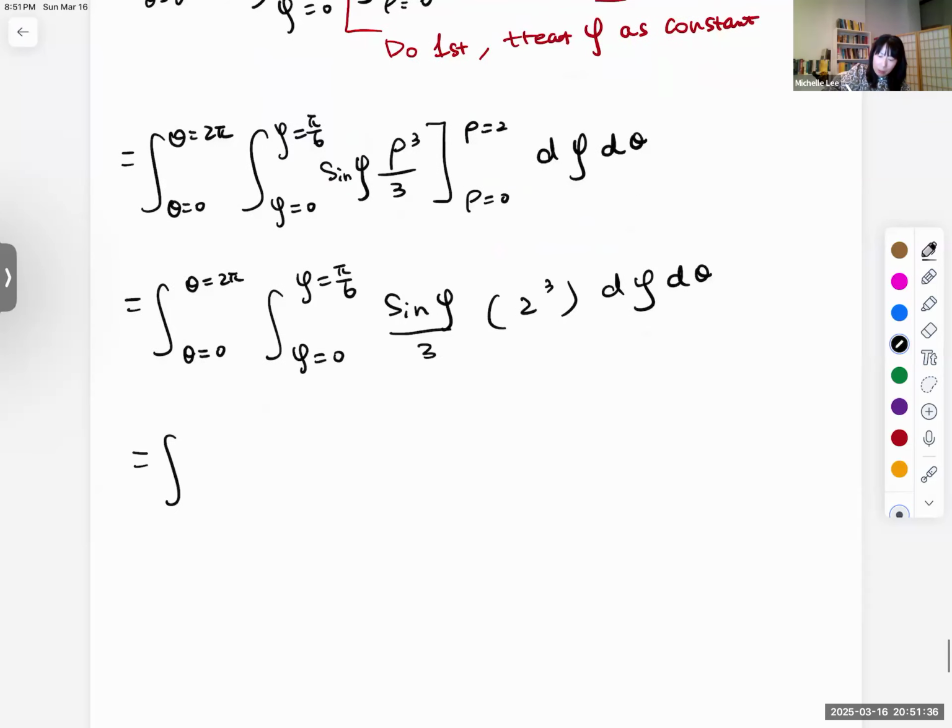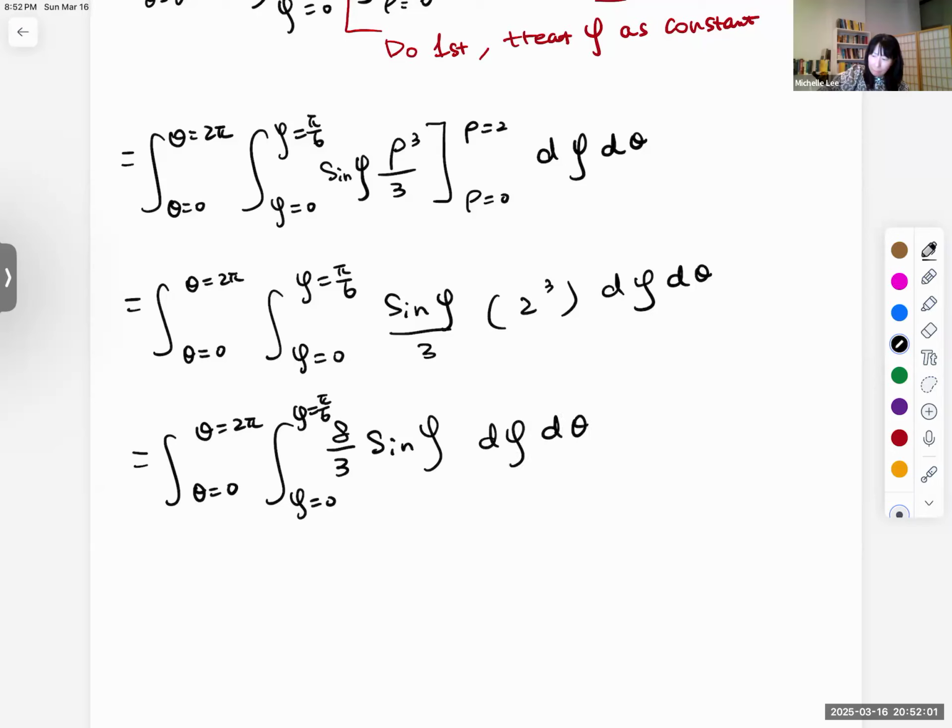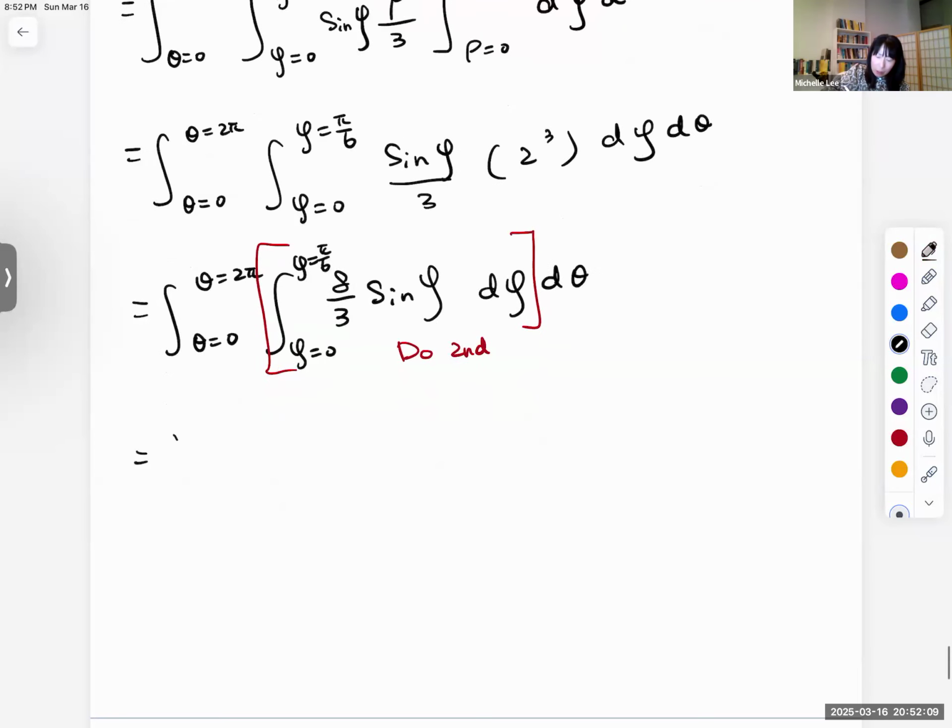Now theta from 0 to 2 pi, we have 8 over 3 sine phi, phi from 0 to pi over 6. And then we want to integrate with respect to phi, right? There's nothing else, so I'm just going to do that. So we have theta from 0 to 2 pi of 8 over 3.